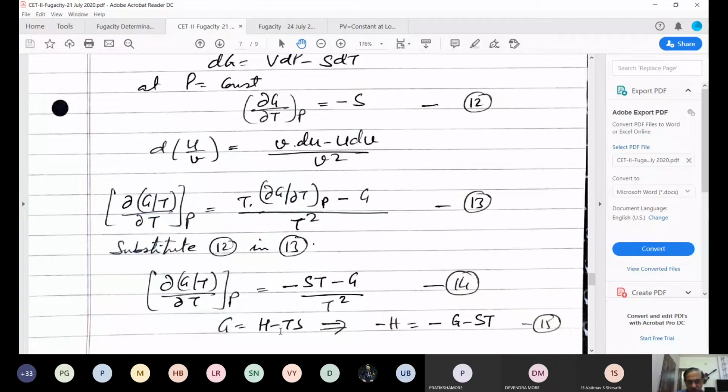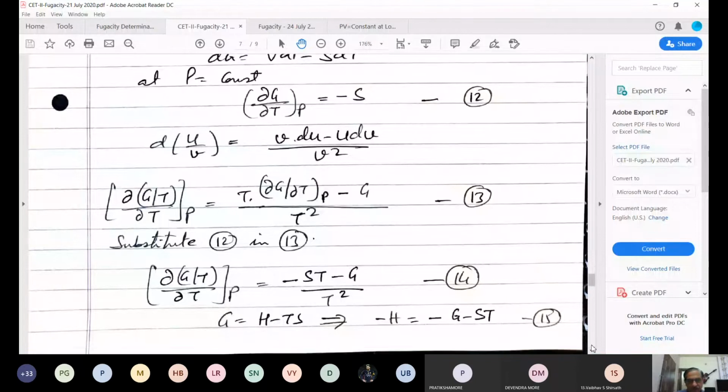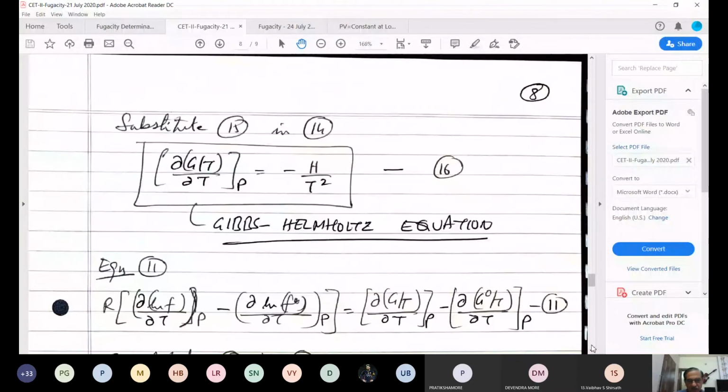And so if you take H here and G here, what you get is minus G minus TS in the numerator यहाँ पर. So this becomes minus H by T square. So this is our Gibbs-Helmholtz equation. ∂(G/T)/∂T at constant pressure is equal to minus H by T square.